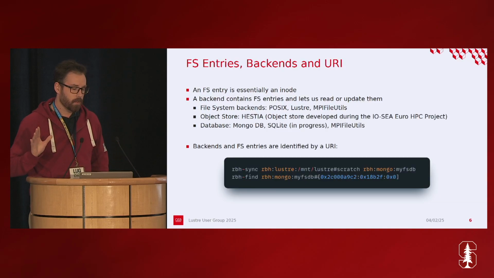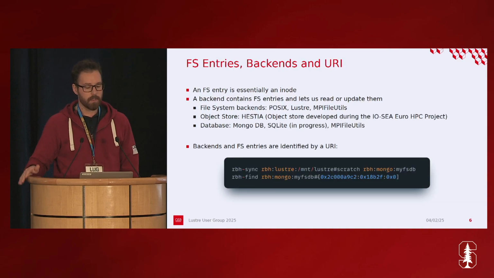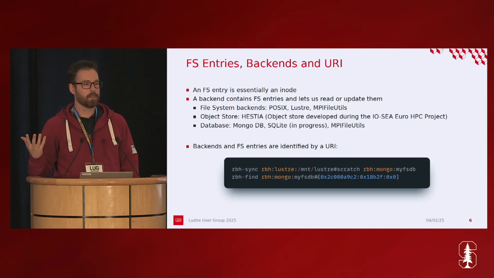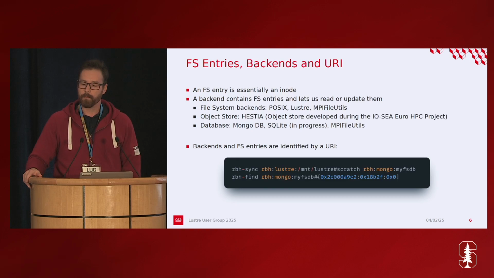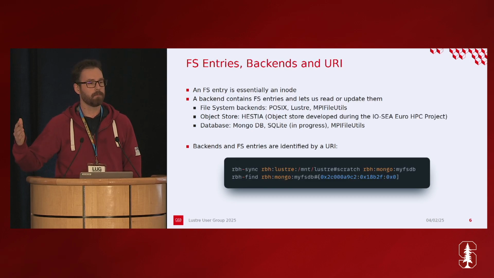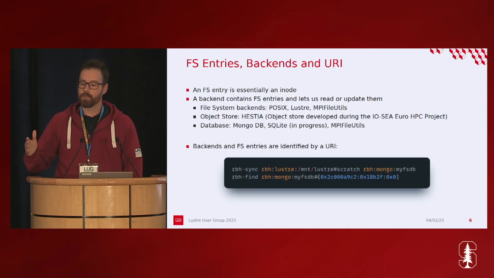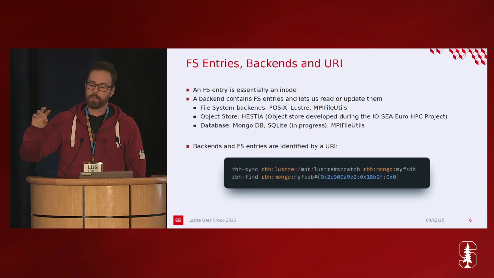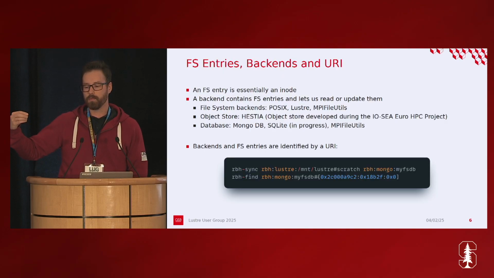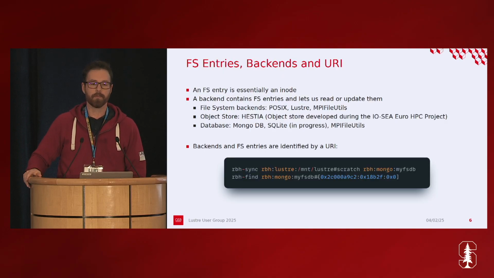Most of Robinhood's tools deal with something we call FS entries. So an FS entry is essentially just an inode with all of its associated metadata. So you have all of the regular stats, such as the access time, change time. You have also the extended attributes, and we also have extensions that I'll talk about a bit later, which enable you to add specific metadata, for instance, Lustre-specific info.